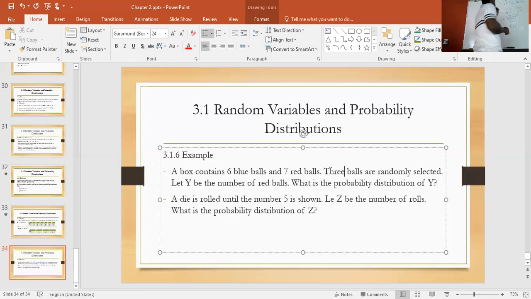So let's check if we did not make a mistake. We want to do 20 plus 105 is 125. Let's add 35 to it. We have 160.